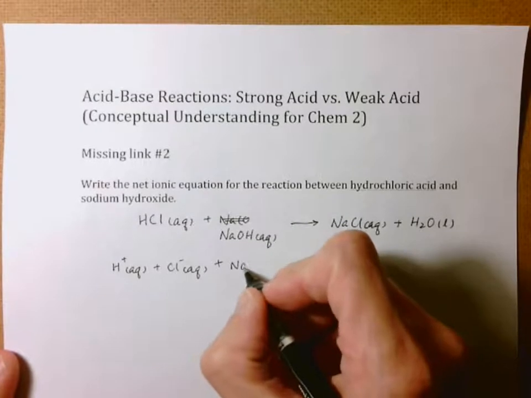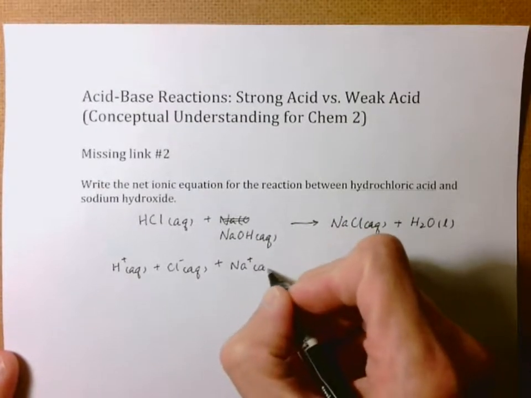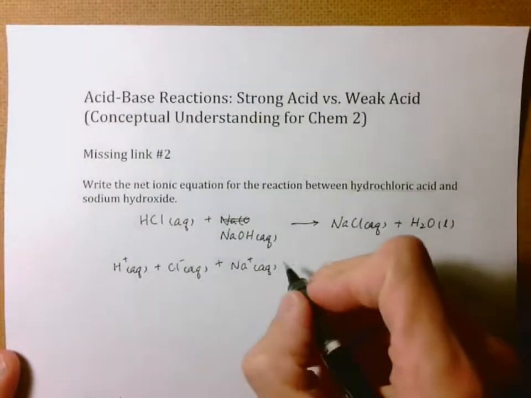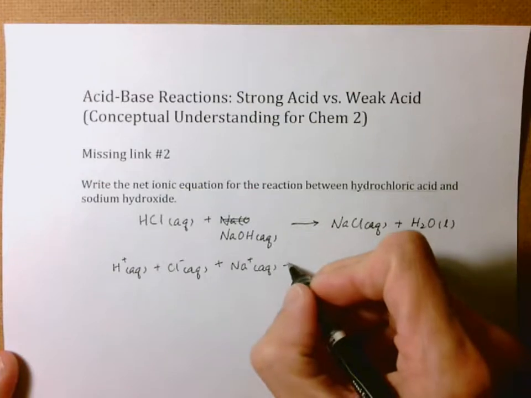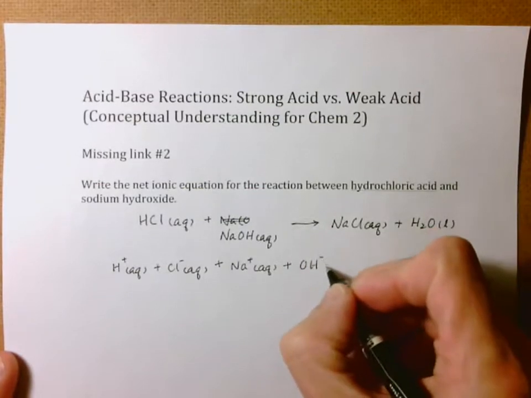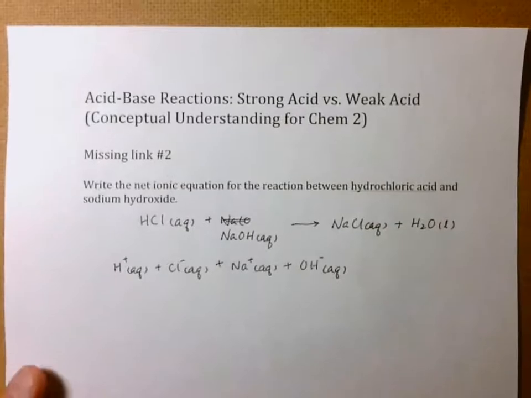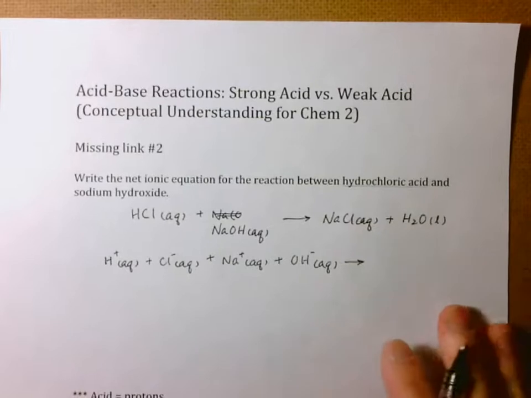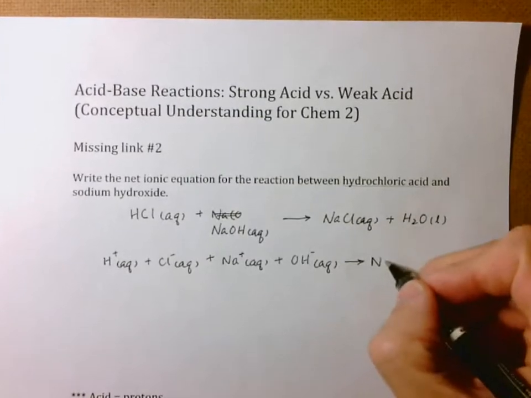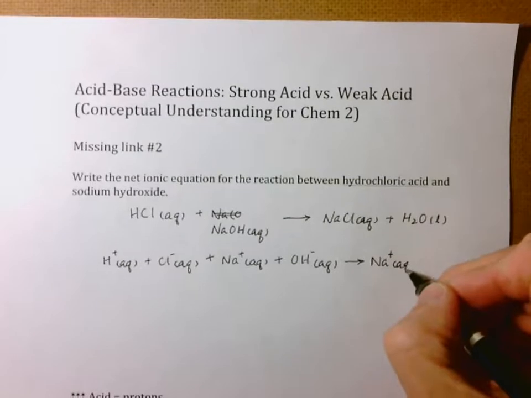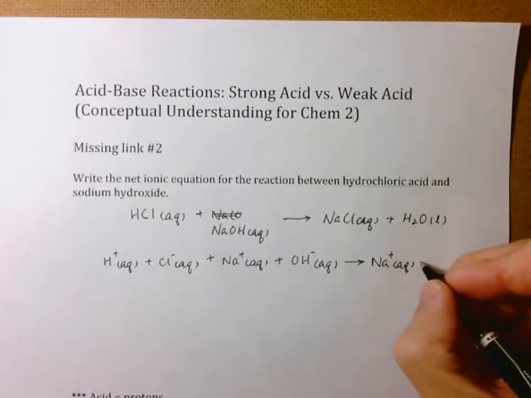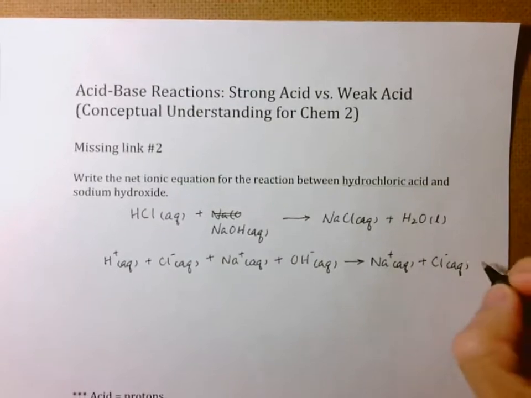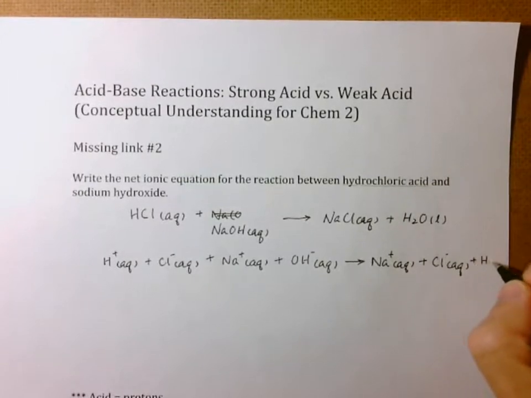Okay. So this looks quite familiar. Sodium hydroxide is also a soluble compound. That means it will dissociate. So on the left hand side, that's what it looks like. On the right hand side, you have Na plus, Cl minus, plus H2O.